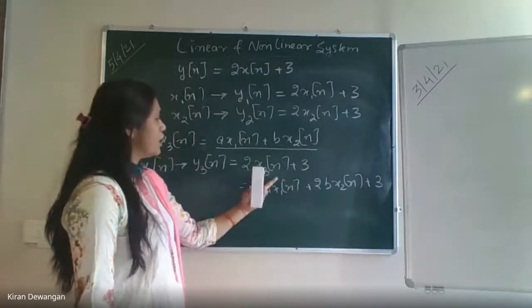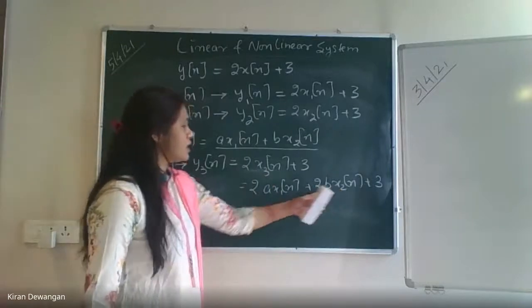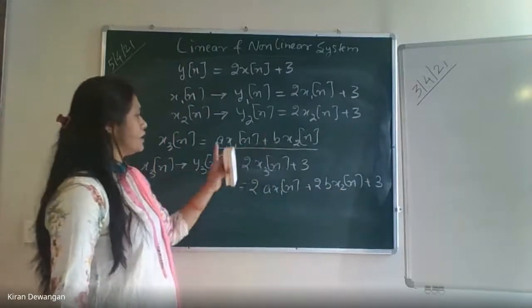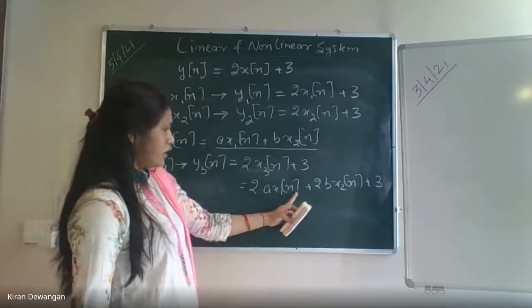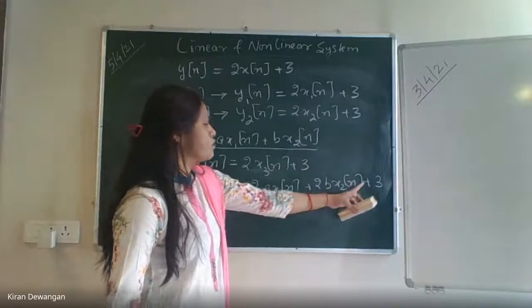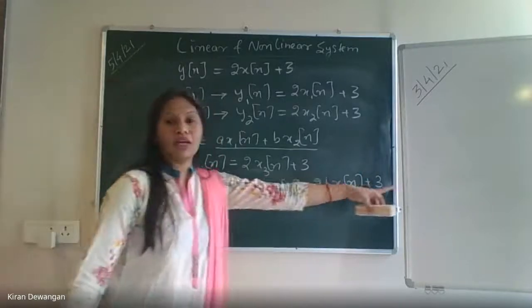Now I have written out the entire x3(n), that is a·x1(n) plus b·x2(n). So you get 2a·x1(n) plus 2b·x2(n) plus 3. Plus 3 will remain as it is.